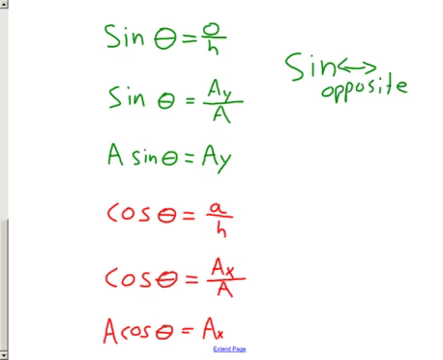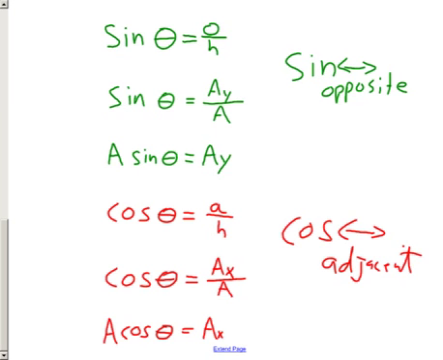Okay, and the cosine goes with the adjacent side. That's not spelled right. The adjacent side. You spell it right. ADJ, is that right? I don't think that's right either. Somebody will have to correct me tomorrow. Adjacent side. Alrighty? That's the big idea I want you to remember.